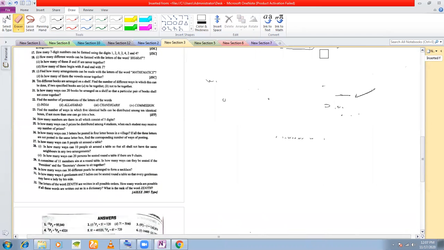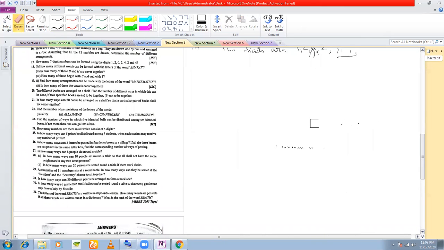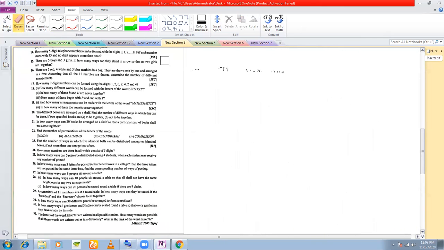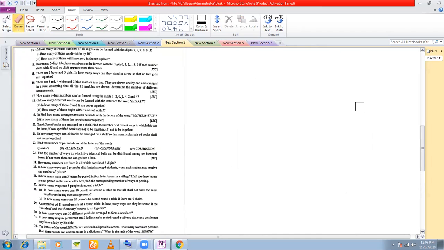In this case, I'll consider repeated permutation. Whatever problems I have done till now, I have done for non-repeated, that is, you cannot repeat the objects. Even if you are forming numbers, you're not actually repeating the digits. For example, suppose from these 4 digits you are forming 3-digit numbers.